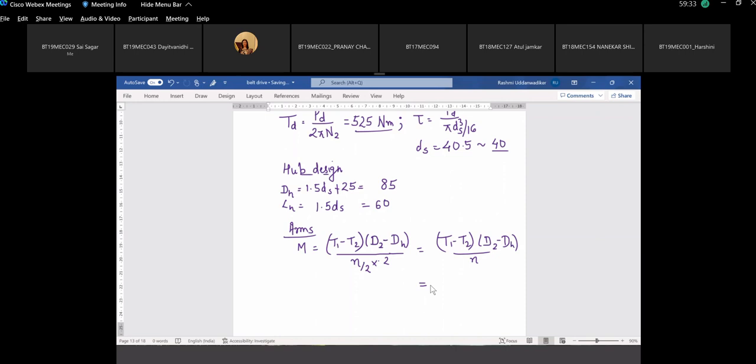Give me the bending moment, please. Yeah, Shraddha is giving me 165. Varuna is giving 156. Others, please confirm. All of you are getting 156 Newton meter. Okay, we go with this.